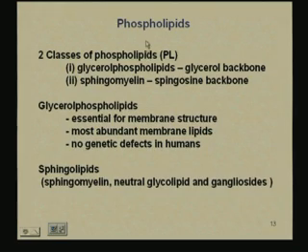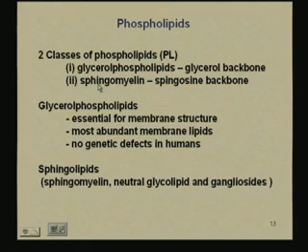Okay. What we have therefore are called phospholipids. What are these phospholipids? In the 2 classes of phospholipids that are present, these form cell membranes. We have glycerol phospholipids that have what is called a glycerol backbone, just like I showed you.